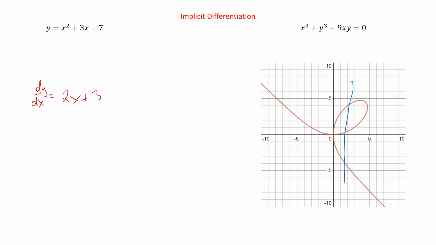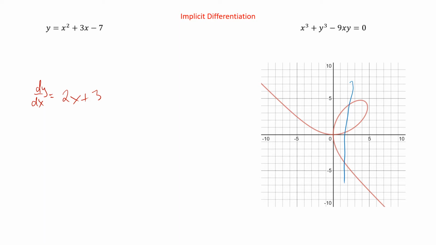But first, let's look back at this equation that we had so we can see what implicit differentiation is. So, with the derivative here, we have dy over dx. That's the derivative of y with respect to x. Now, when we're doing this, each variable separately is going to have its own derivative.